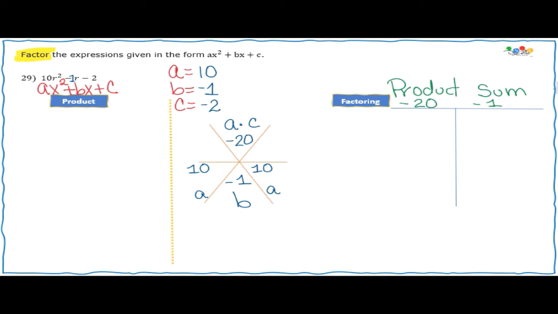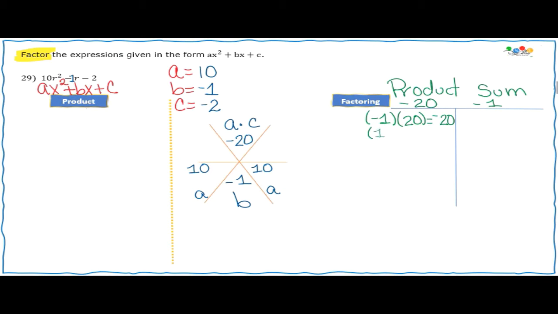I need to start with a 1. And since I'm looking for a negative 20, one of my factors needs to be negative. So I'm going to start with a negative 1. We always start with a 1, remember? So in this case, negative 1 times 20.